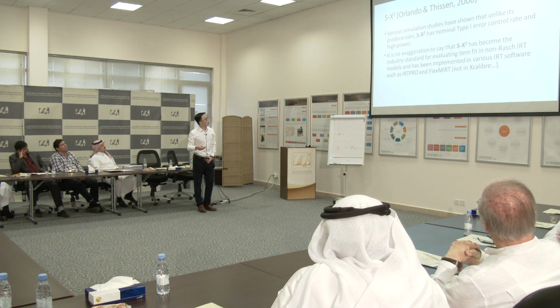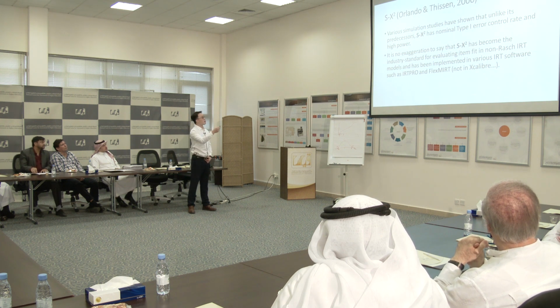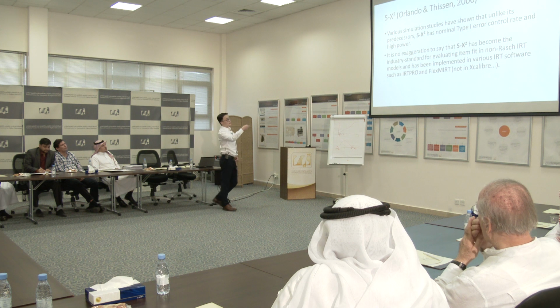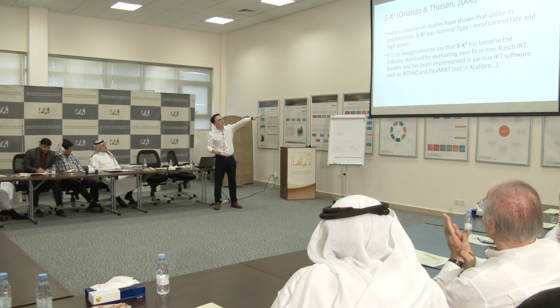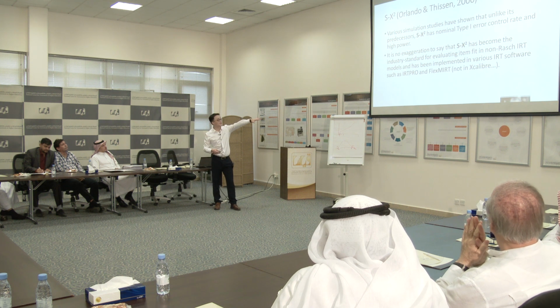It is no exaggeration to say this has become the industry standard for evaluating item fit in non-Rasch IRT models. In Rasch, we have infit, outfit, that's a different issue. And it has been implemented in newer software, IRTPRO, flexMIRT. But unfortunately, not in Excalibur.